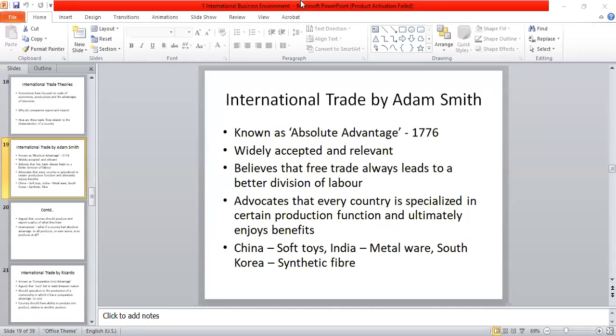A country which has the ability to produce, let them produce. They should not be stopped. Throughout the globe, ourselves and our neighboring country, China, both have that ability to produce, and we are producing. So the country is taking absolute advantage.